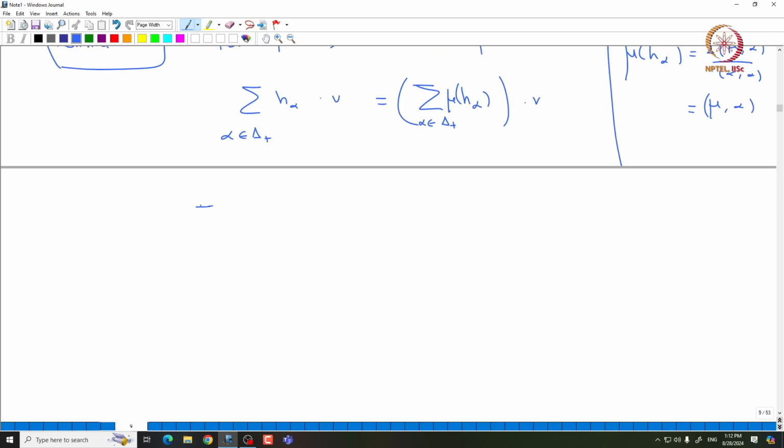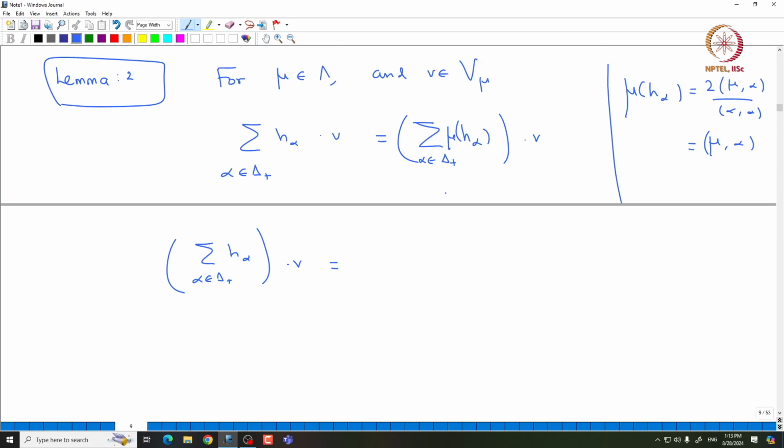Then the summation of H alpha, alpha in delta plus, acts on this v as mu times 2 rho acting on v, because the sum over mu of H alpha is the sum over mu alpha. Since this is a bilinear form, you can take the summation inside, and the summation of alpha over delta plus is nothing but twice rho.